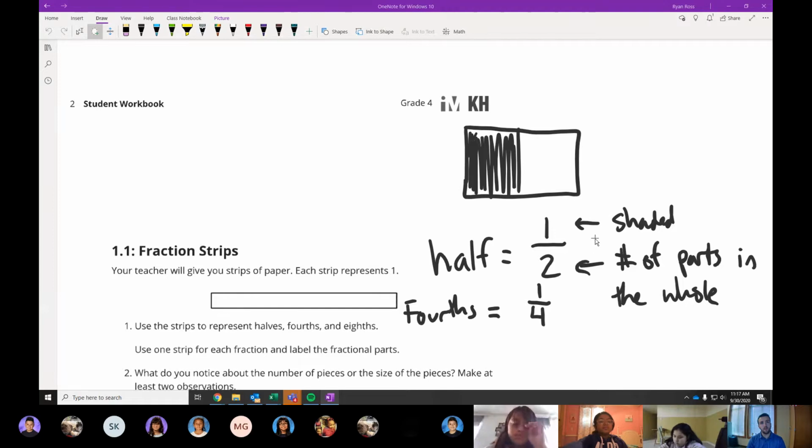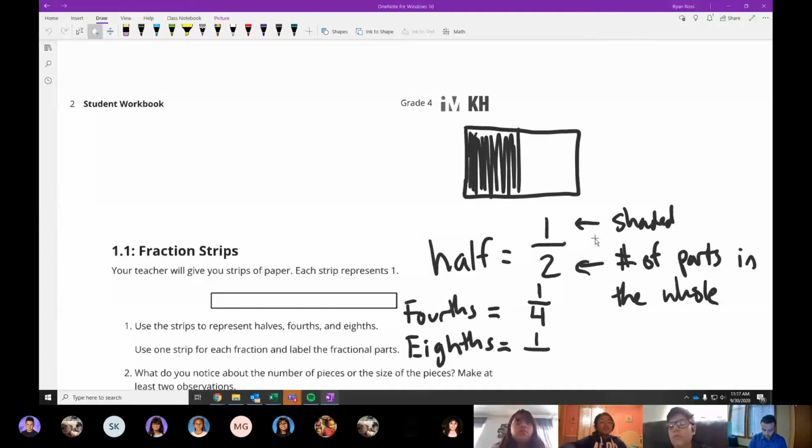Yeah, there are 4 of those fourths that make a whole, so the 4 would be on the bottom. Nice job. And what about eighths, Camila? 1 on the top and 8 for the whole. Yeah, 1 on the top, 8 on the bottom. There's 1 shaded piece out of 8 total that make the whole.